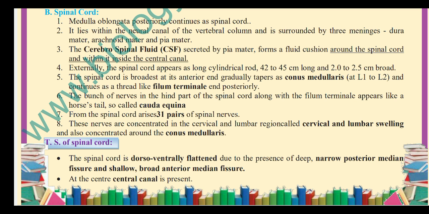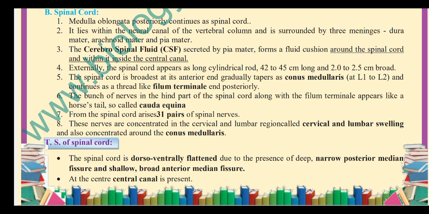The spinal cord is broadest at its anterior end and gradually tapers at the conus medullaris at L1 to L2, and continues as the thread-like filum terminale at the posterior end. This L1 and L2 is the position of the vertebrae, that is lumbar vertebra 1 and lumbar vertebra 2.